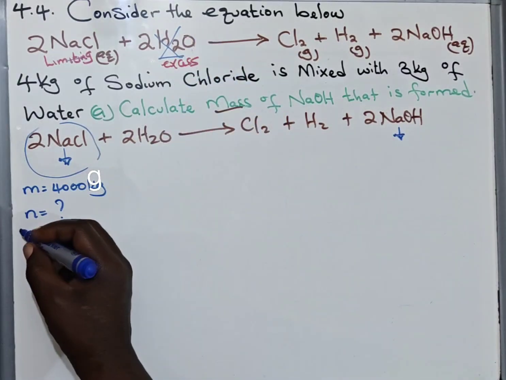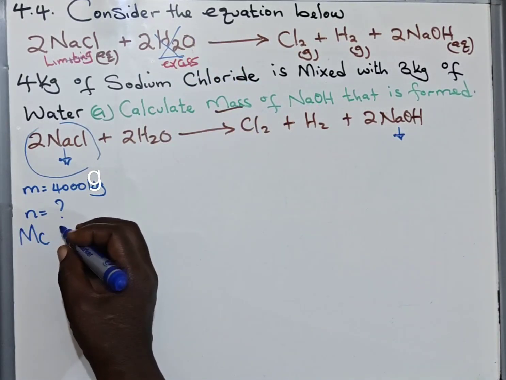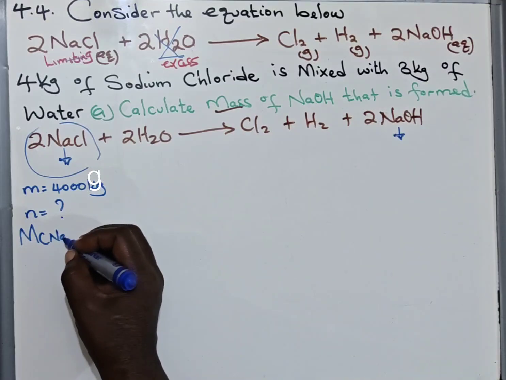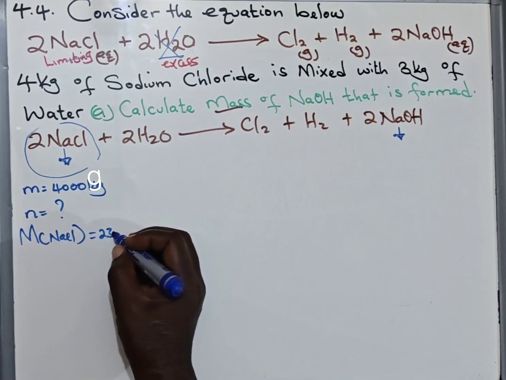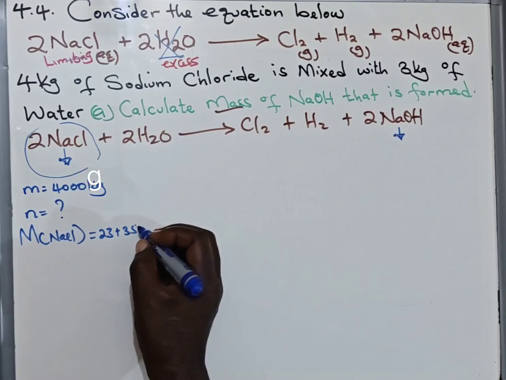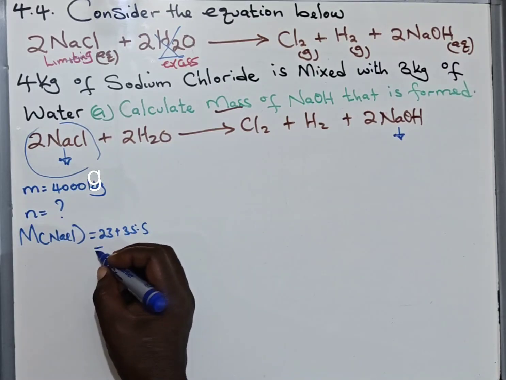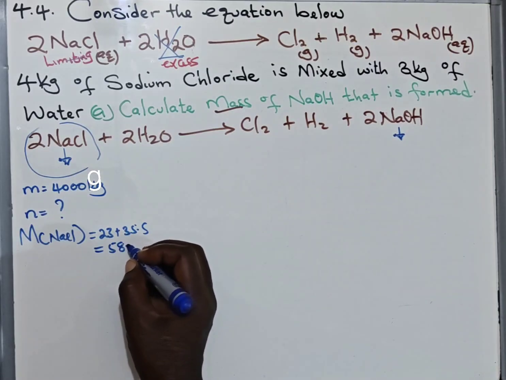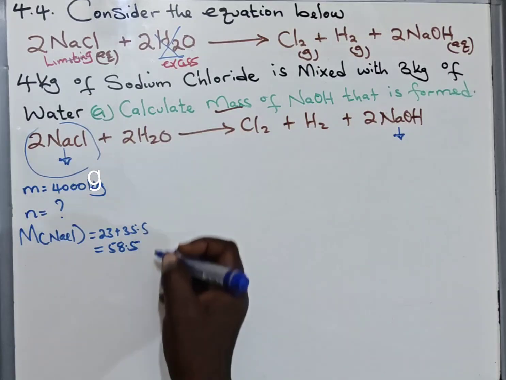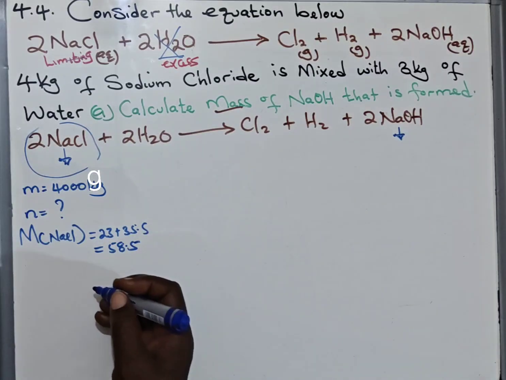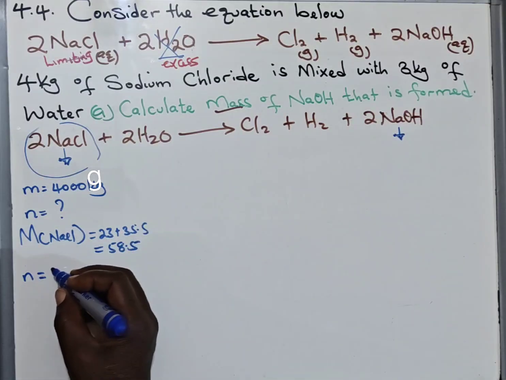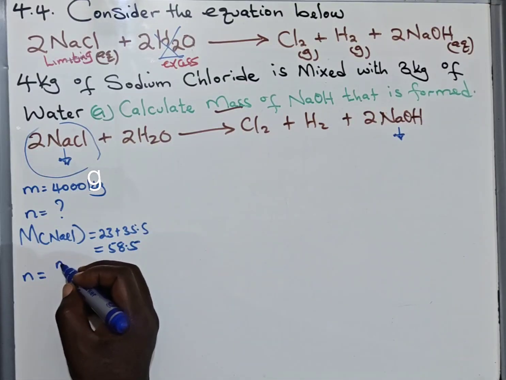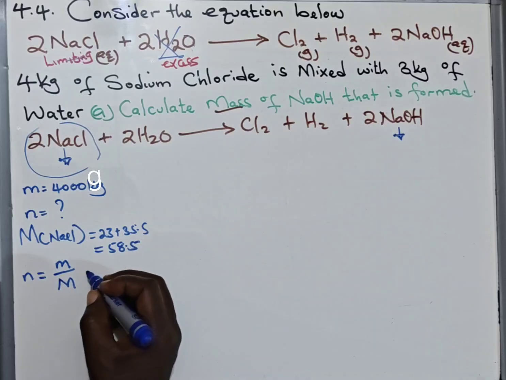What else do we know? We know its molar mass, which is going to be 23 plus 35.5, giving us 58.5. From here, we can proceed and get our n through what equation? The equation is n is equal to m over molar mass.